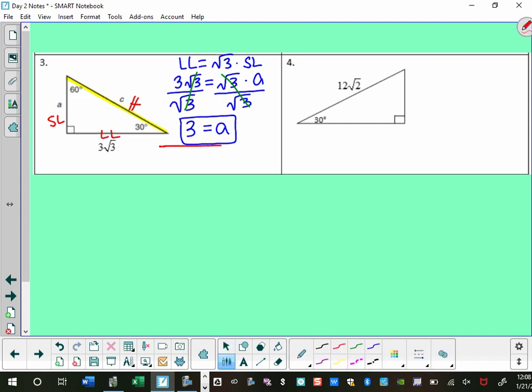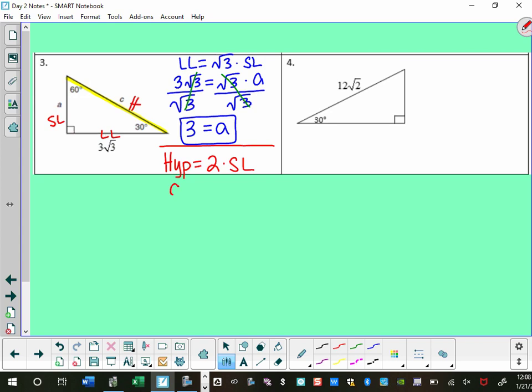Alright, that's one equation. We have one more. We have the short leg. We have the long leg. What do I not have? The hypotenuse. Your equation for the hypotenuse is 2 times the short leg.